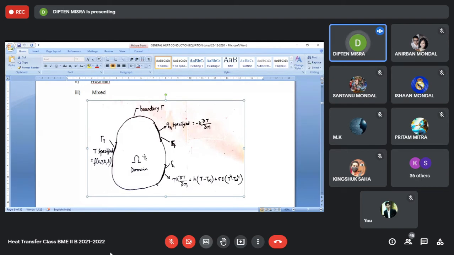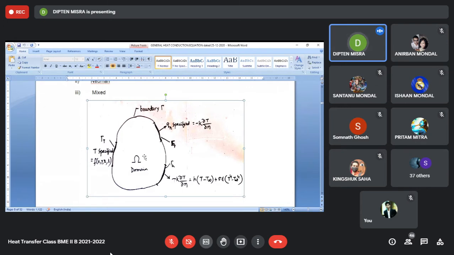We cannot have a heat conduction problem for an isothermally heated body, because if a body is under isothermal condition, that means there is no temperature gradient. That means there cannot be any heat flow. So a body under heat transfer must have an internal temperature gradient. That means the body will have a temperature variation from one point to another point.